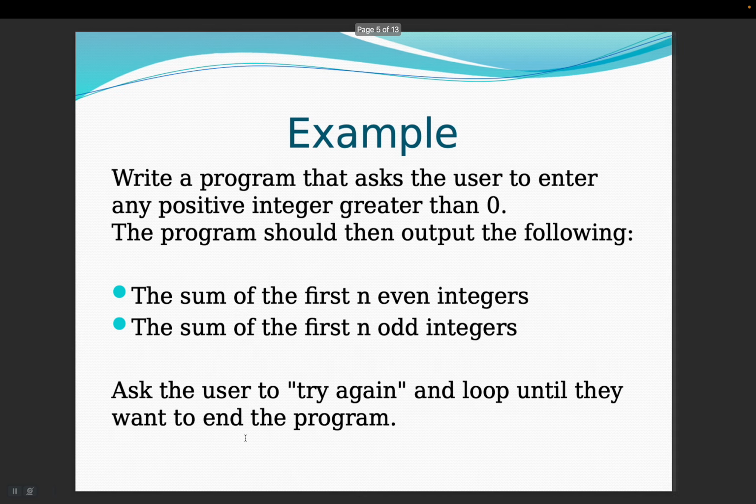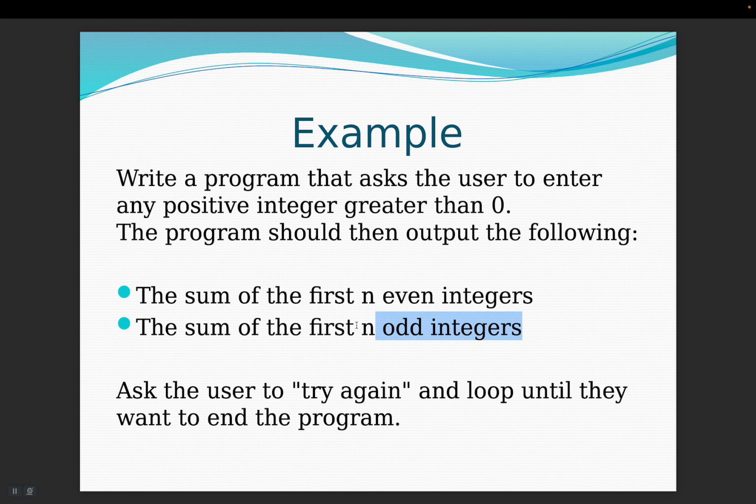We don't need to think about the whole problem, but we know that we have three different things we need to do. We need to get user input. We need to sum the first n even integers and sum the first n odd integers, right? Together these three things are, hypothetically, creating some sort of useful program for the user.